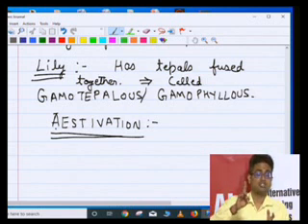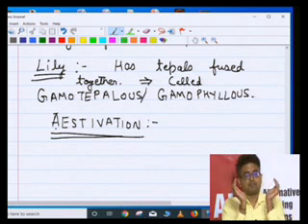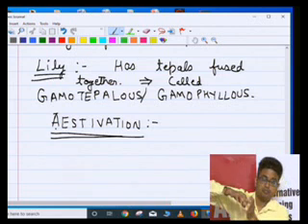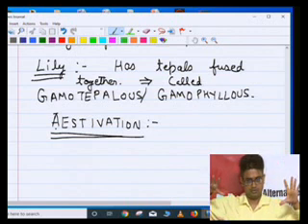There are multiple conditions here. If petals are present, they might be fused at the bottom but free at the top.